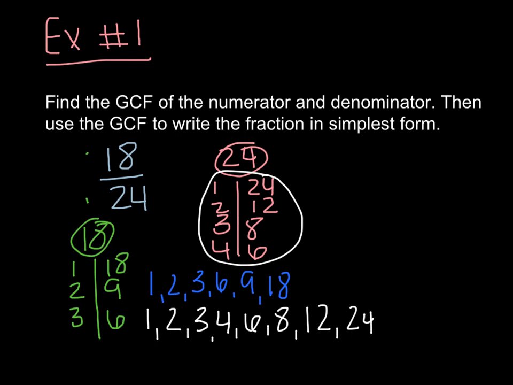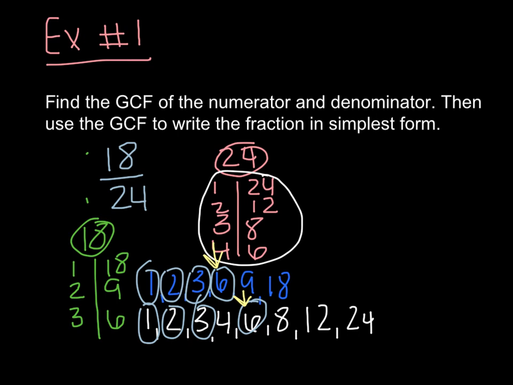So remember, we go and we circle the factors that they have in common. So they have 1, 2, 3, 6, and that's it. So to find the greatest common factor, we have to pick the one that they share that is the biggest, and that would be 6.